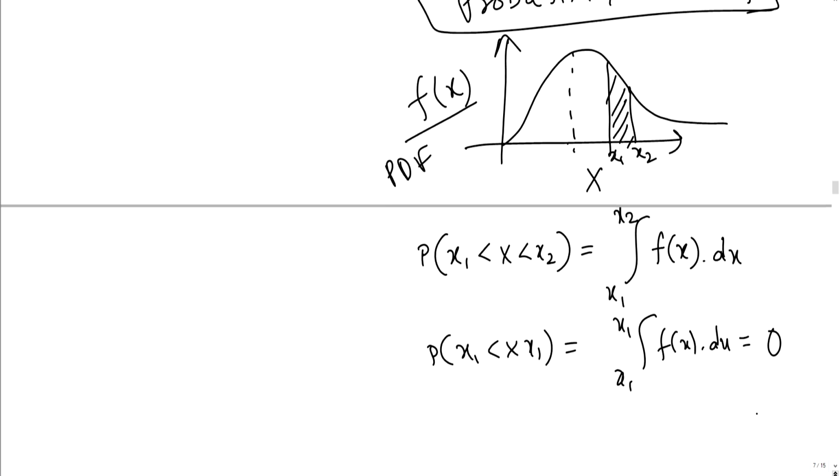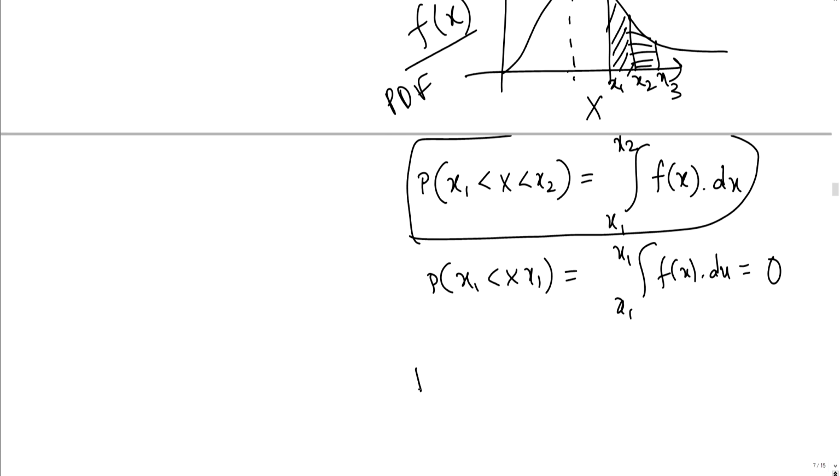Now, you can directly apply the third axiom here. Let us say you have another line segment between x2 and x3. So, there is a segment between x1 and x2 and another one between x2 and x3. What is the probability mass between x1 and x2? It is given by this. What would be the probability mass between x2 and x3?